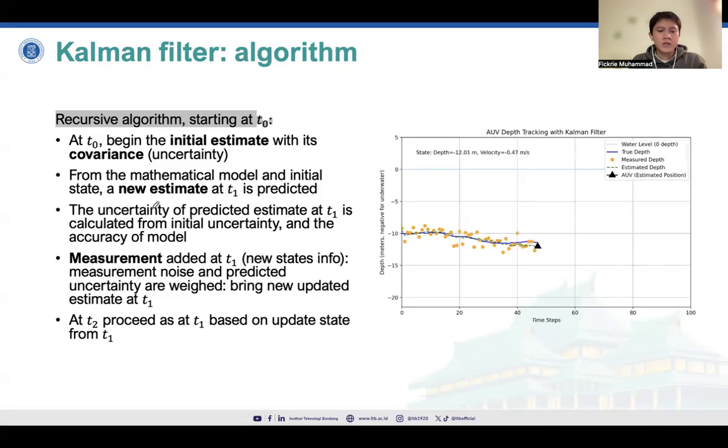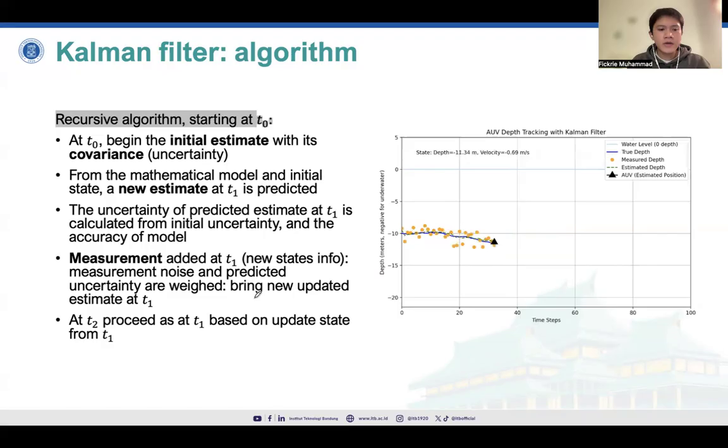And the measurement noise and the predicted uncertainty are weighed together. So basically we have the measurement noise, also the measurement uncertainty, and the predicted uncertainty. They are weighed together, and then we bring the new updated estimations at time 1. So both the measurement and the estimation are chipped in together to provide the new updated estimates.